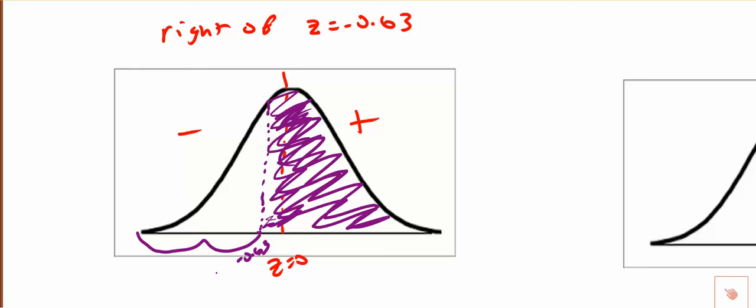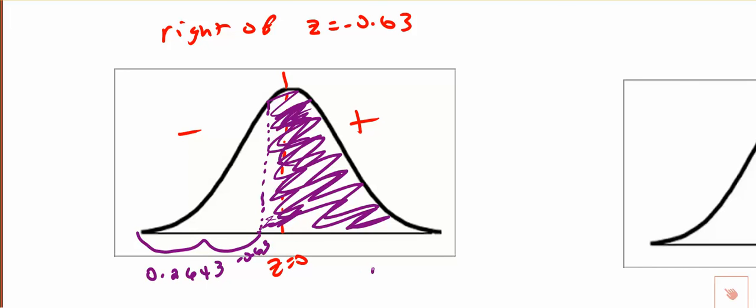So negative 0.63, if you go to your table, from negative 0.6, and then the drop down of 3, negative 0.63 is 0.2643. So from here to here, my area is 0.2643. However, I want to know the area to the other side, the right side of the curve.